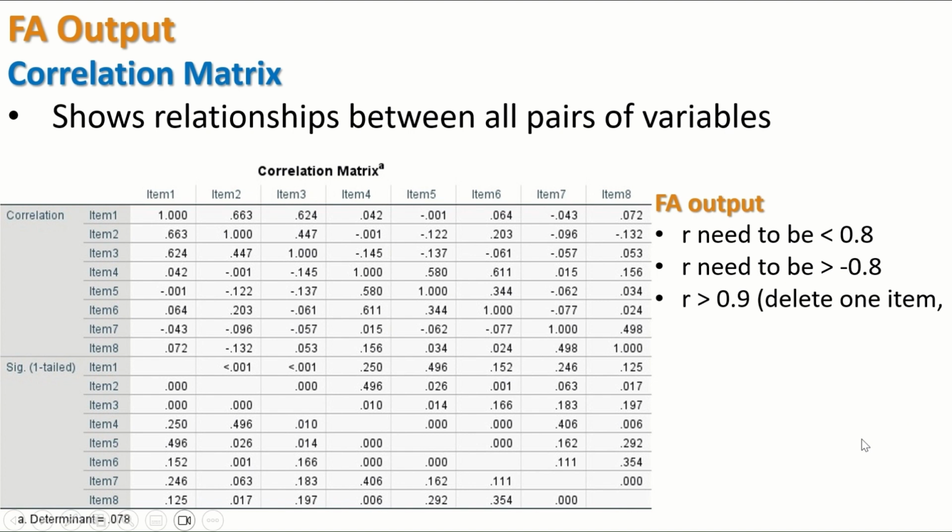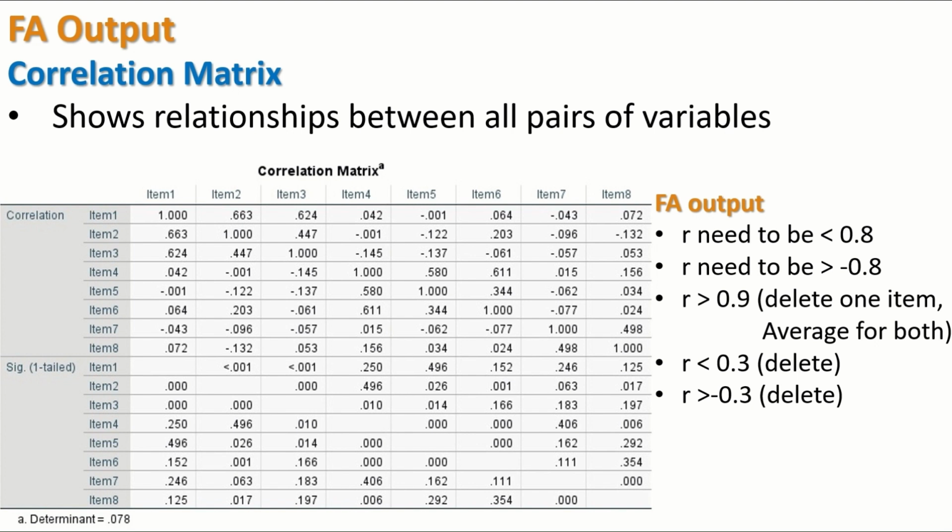And if the R coefficient is greater than 0.9, then delete one of the items or take the average of both items. If the R value is less than 0.3, then there is a weak correlation between the items, and they need to be deleted. If the R value is greater than minus 0.3, then delete the items as they show a weak correlation.